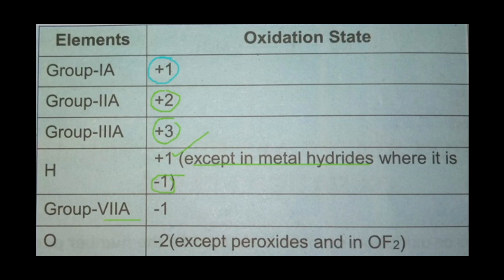Group 7, known as the halogens, like fluorine, chlorine, bromine, and iodine, have -1 charge, and oxygen, as we have discussed in detail, always has -2 charge except in peroxides and oxygen difluorides. So this was all about the rules for assigning oxidation states.